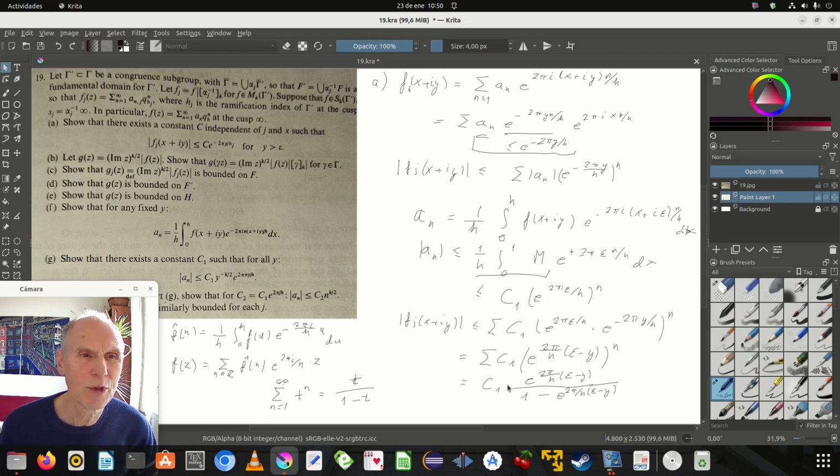So I need to put that into a constant, but if y can be as close to epsilon as we care to, we'll just say larger than epsilon plus something, a little thing, or times 1.01, then we could bound it.